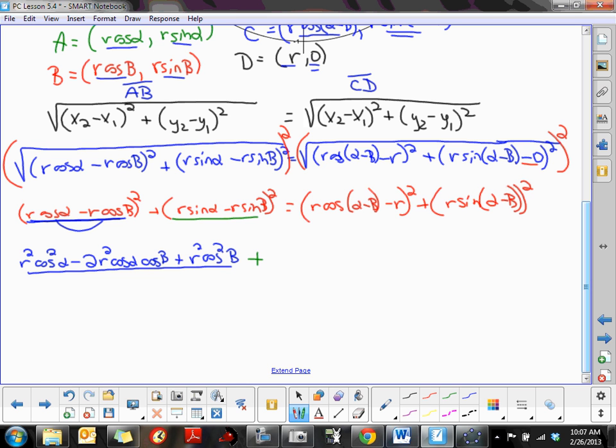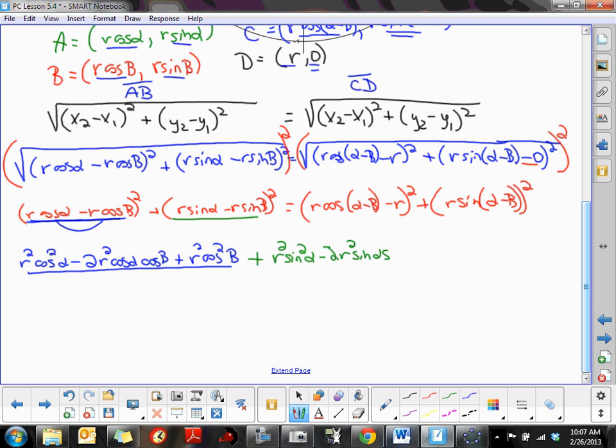Now I'm going to square the second binomial. So that is r squared sine squared of alpha, backtrack just a bit, minus 2 r squared sine of alpha sine of beta.